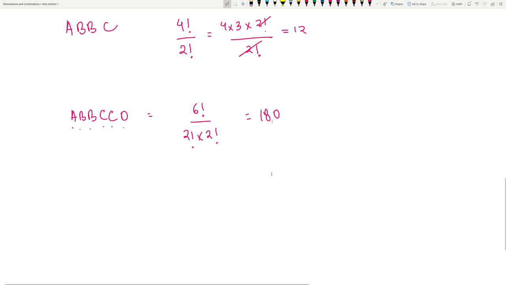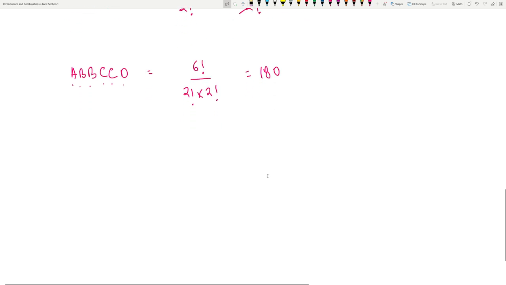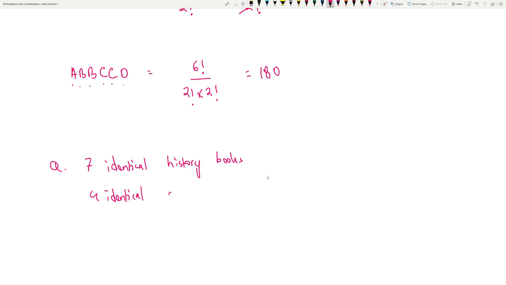Now when you're doing questions on permutations, it is important to note whether they use the word identical. For example, let's make a question. You have 7 identical history books, 4 identical geography books, and you are asked to line all 11 books up on a shelf.